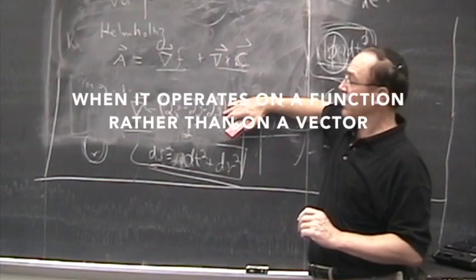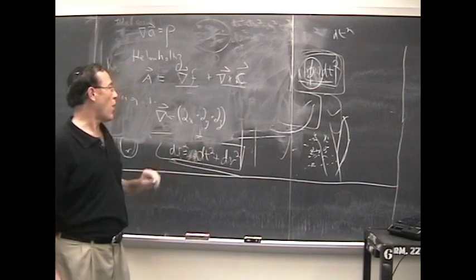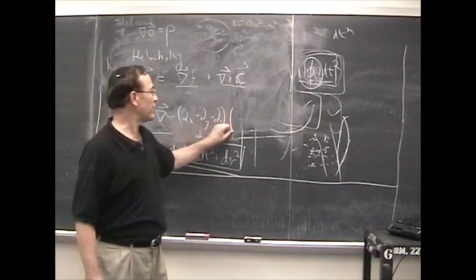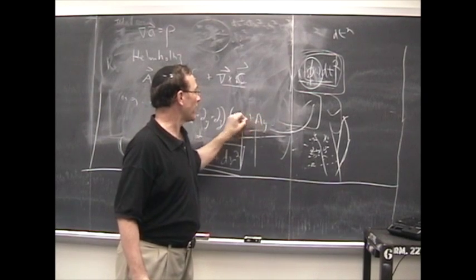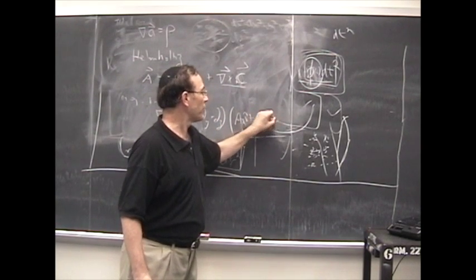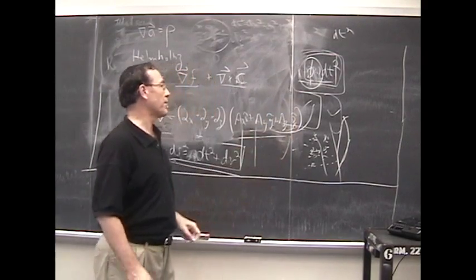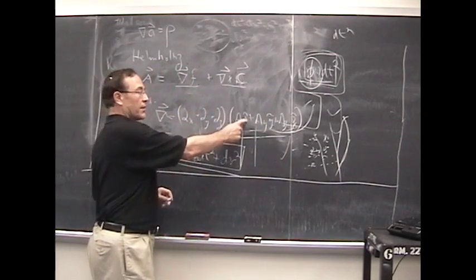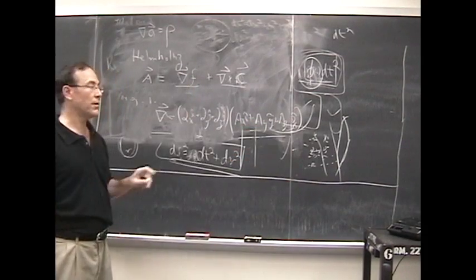Now I'm going to operate with del on a vector. So you have the vector, let's say, an x component plus a y component plus a z component. This is a vector, ax in the x direction plus ay in the y direction plus az in the z direction. This is just an operator.